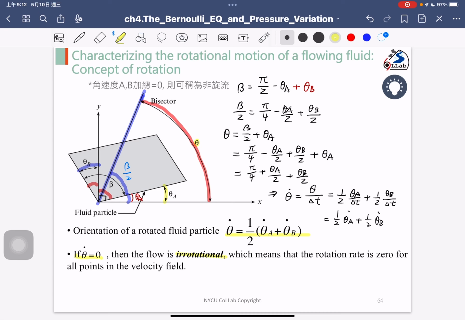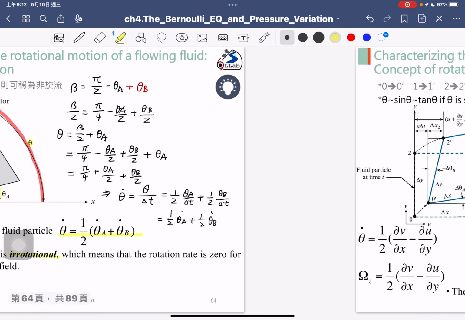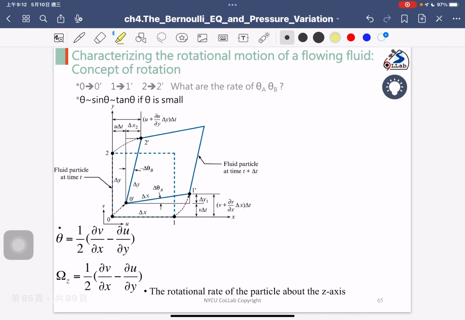So that's the next question. How can we compute the theta A rate and the theta B rate? If we can compute them, we can know the value of the theta rate, and we can identify whether the flow is rotational or not. Okay, so in the next slide, we want to compute the theta A rate and the theta B rate individually, and then finally we can know how large the theta rate is.